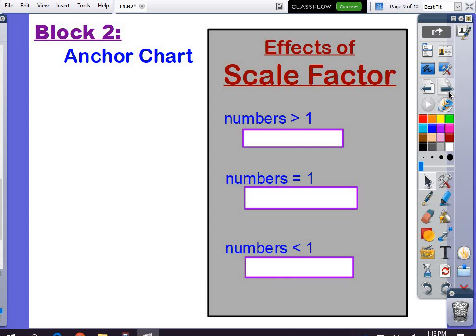One of your sticky notes is going to say effects of scale factor.